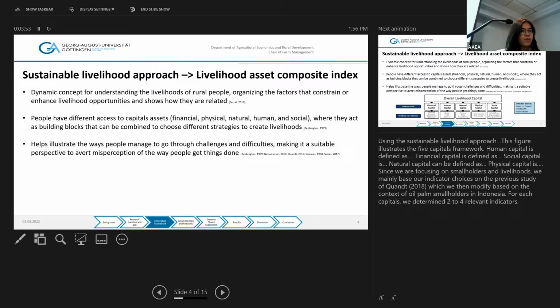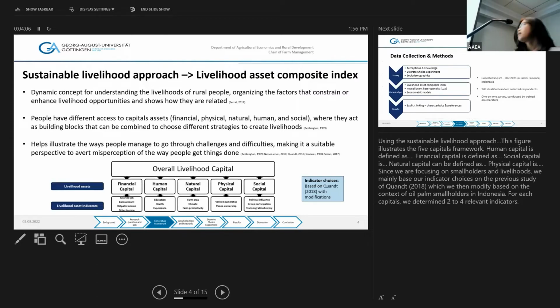Therefore, this framework makes it suitable to avert misperceptions of the way people get things done. So here's the framework. Based on it, we created an index to measure the resilience, or the livelihood assets, of the smallholder farmers.